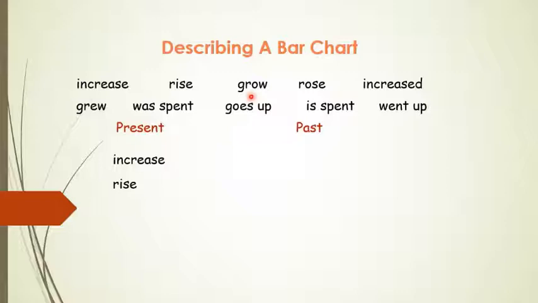That too goes under present. Good. The next verb is rose. It should be past. Correct. And increased, I think you can guess it. It is past. Grew, again it comes under past.